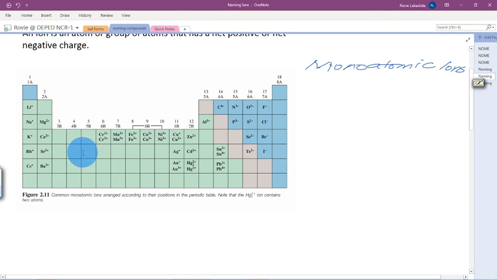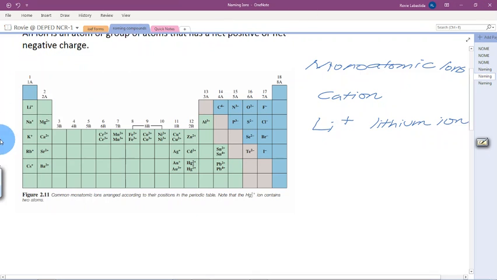If you're gonna name a cation, let's have some examples. Let's have Li+. How are you gonna name this cation? First, you just have to name the metal, which is lithium, and add the word ion. So that is lithium ion.